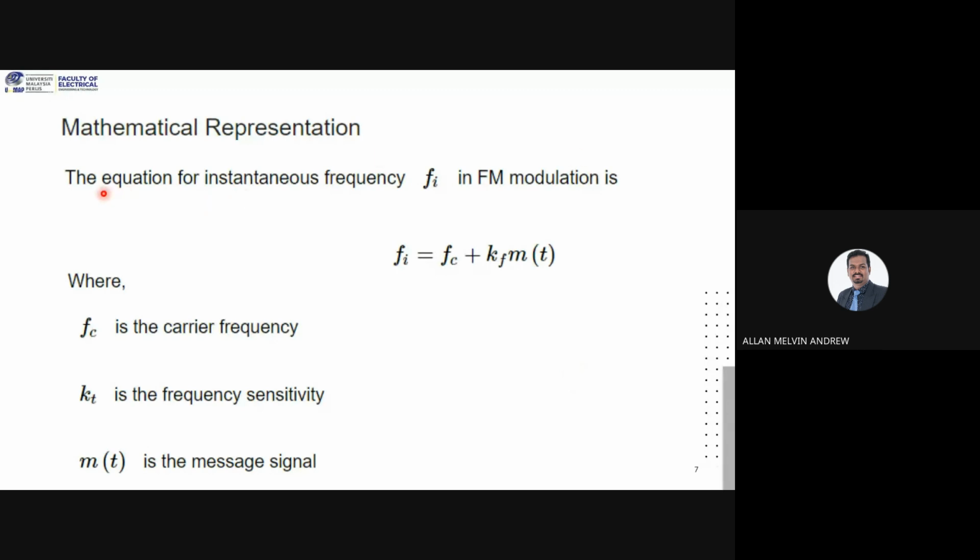You can see the equation of the instantaneous frequency Fi in FM modulation is, so Fc we know is the carrier frequency, and Kf, or Kt, because it's related to time, is the frequency sensitivity. So Fi is the instantaneous frequency. This is the equation to calculate the instantaneous frequency for the waveform.